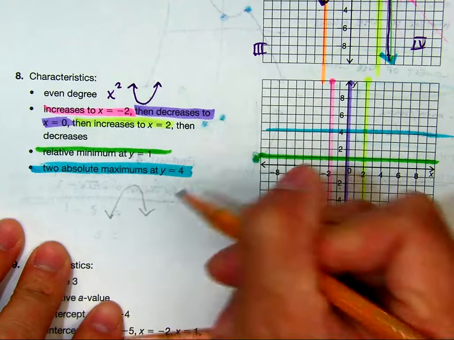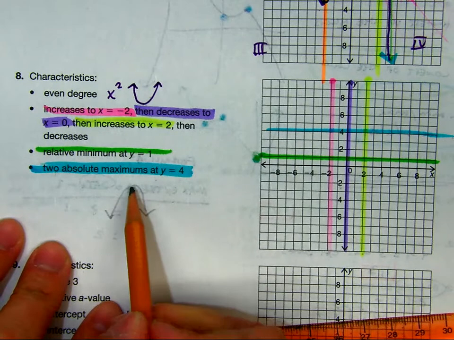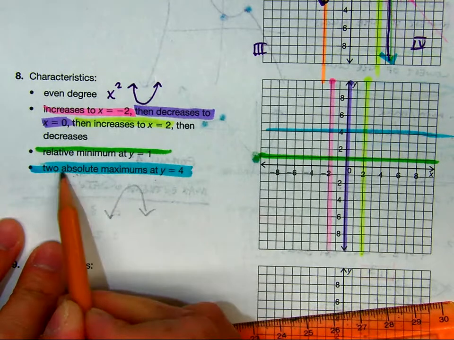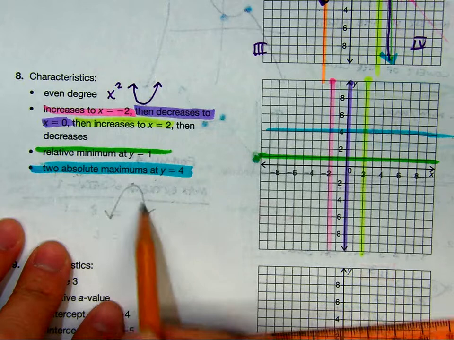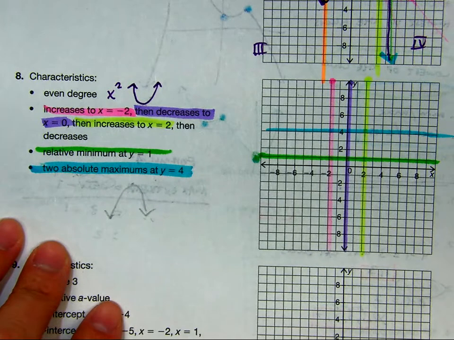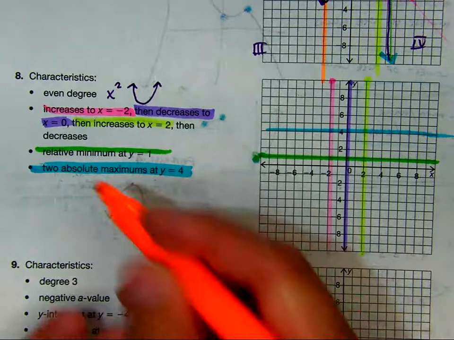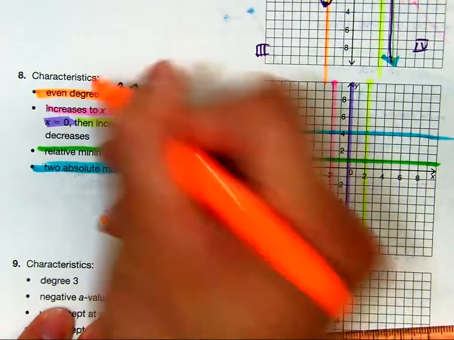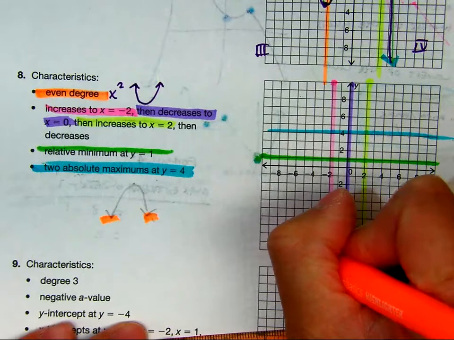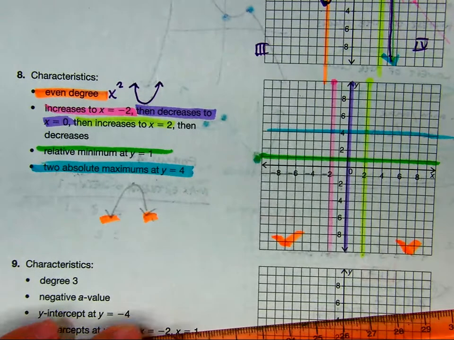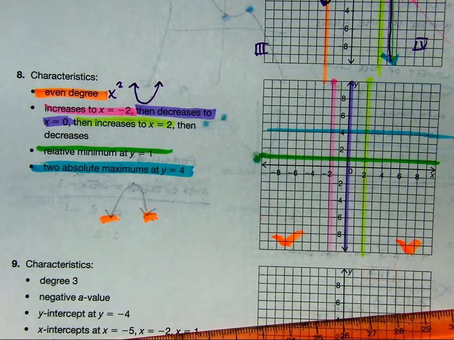Do you see that? The reason I know that is because it tells me 2 absolute maximums, so the graph has to be pointing down, which means my arrows, let's draw that. Orange. My arrows for my even degree polynomial are going to be starting down, ends down.